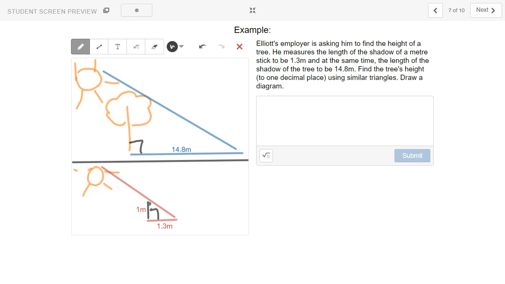And so by the time it reaches here, the tree and the stick, even though it is not right beside each other, we're going to have the same angle. I'm going to use an X to represent this angle is the same. And if I have two angles that are the same, I know that my third angle must also be the same.